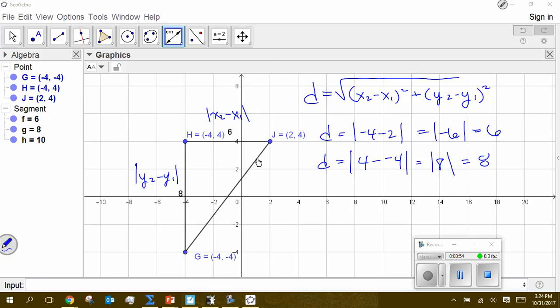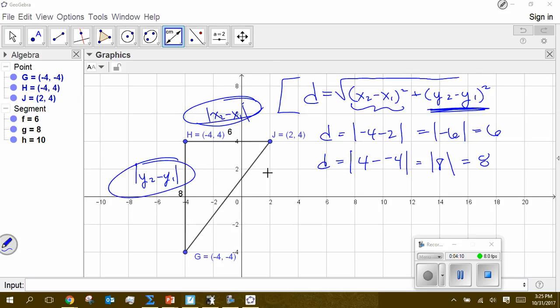We need to use both, and the way we use both is this formula. This is the horizontal component, and this is the vertical component. Ultimately, all this is the Pythagorean theorem.